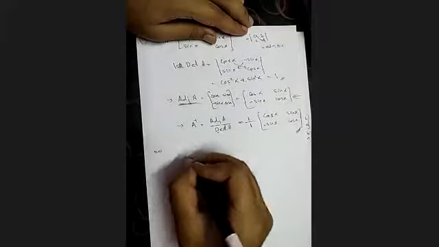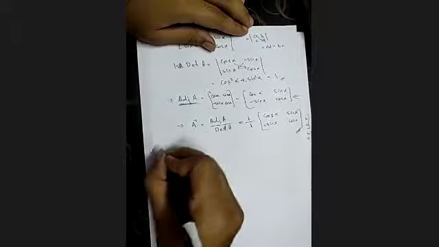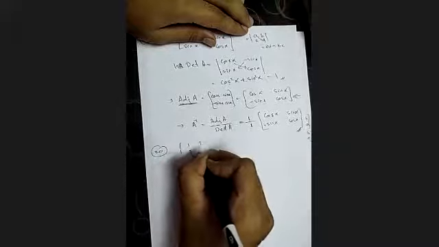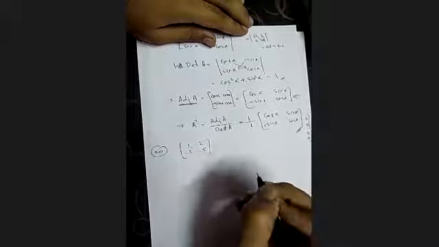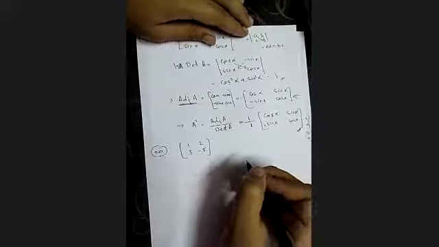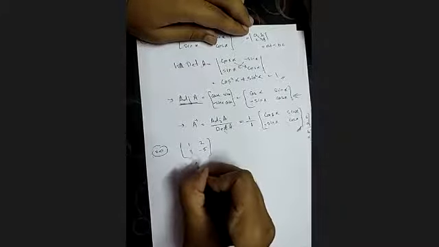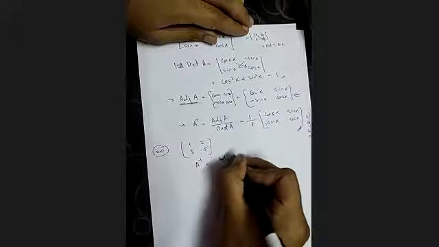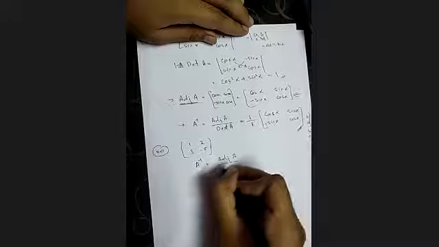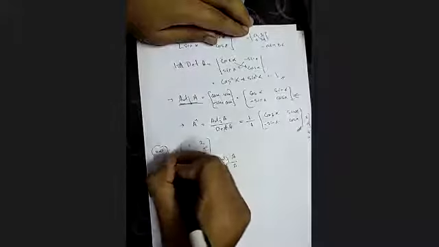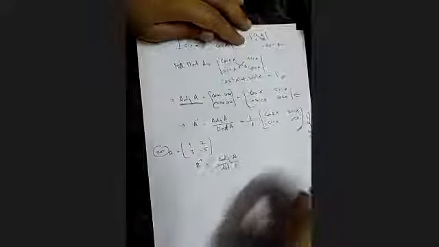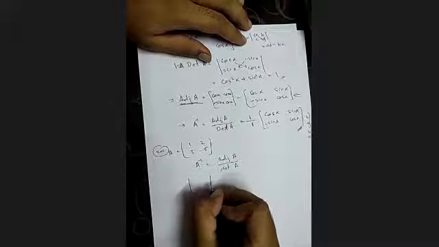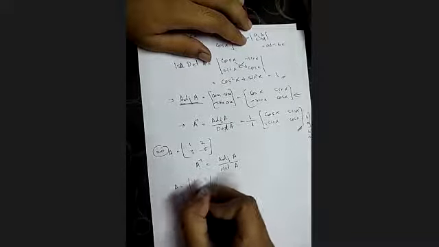Next question. Find the inverse of the matrix 1, 2, 3, minus 5. So what is the formula? A inverse is equal to adjoint A by det A. Let's say this is A. First of all, we will find det A, which is 1, 2, 3, minus 5.